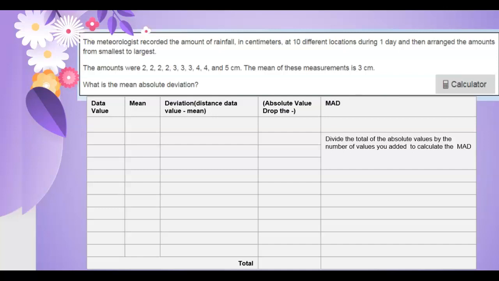Alright, so a meteorologist recorded the rainfall in centimeters at 10 different locations during one day and arranged the amounts as shown: 2, 2, 2, 2, 3, 3, 3, 4, 4, and 5 centimeters. Now it tells you right here the mean is 3 centimeters.